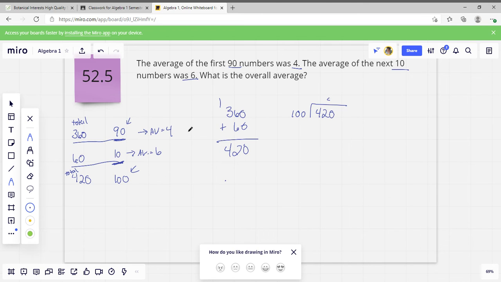That'll equal 42. No, not 42. 4.2. There we go, 4.2. When you divide by 100, you move your decimal back 2. Boom, boom, 4.2. So the answer to that one is 4.2 is your average.